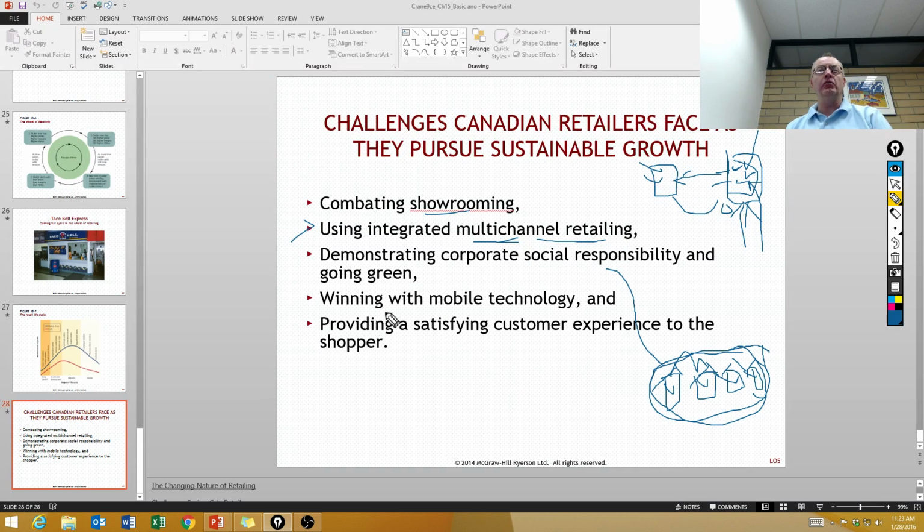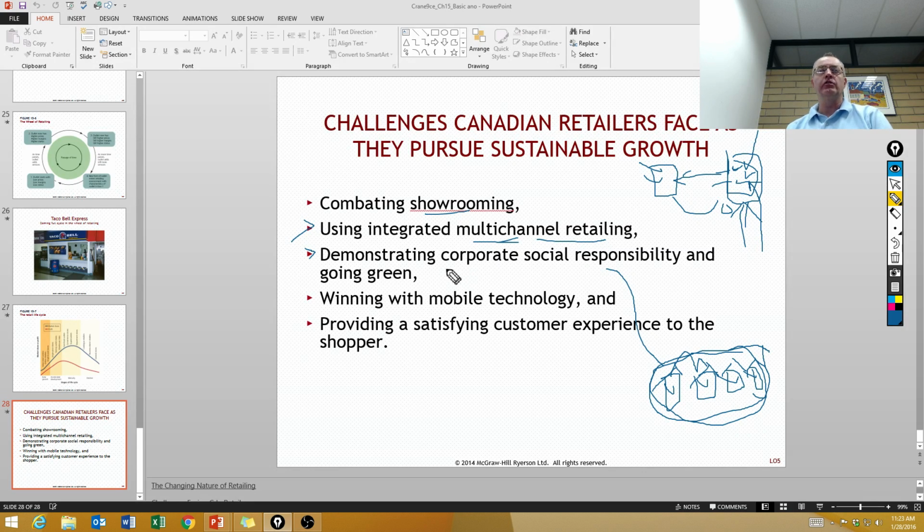Okay, so another contemporary issue in retailing is retailers exhibiting corporate social responsibility. It's companies showing their green side, and we see this in stores like Starbucks. They buy fair trade coffee and advertise that on the walls.